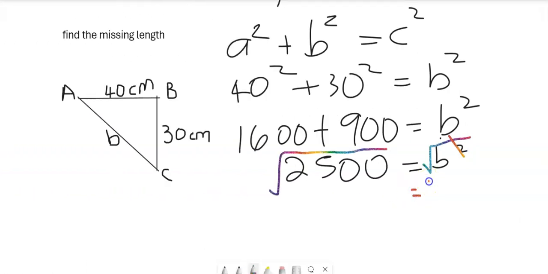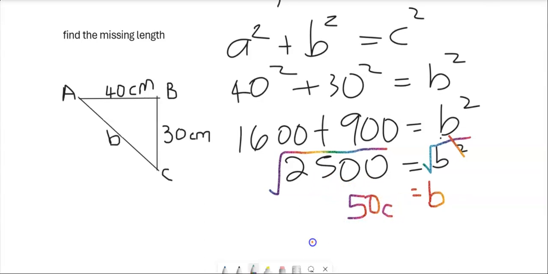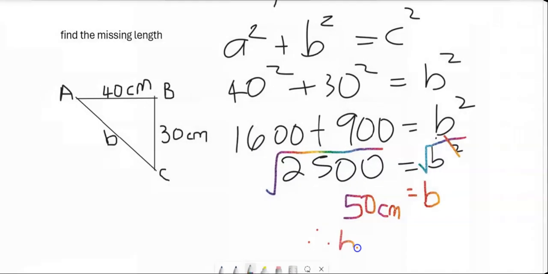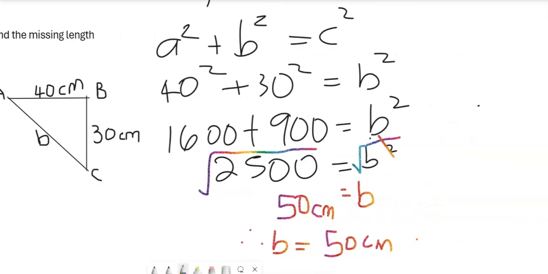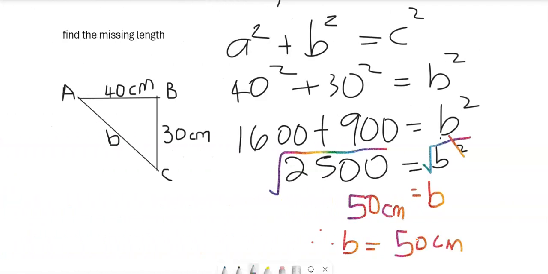So now we have b equal to the square root of 2500, which is 50 centimeters. Therefore, b is equal to 50 centimeters. Observe, for the first question we were given the hypotenuse and we subtracted. In the second question we are to find the hypotenuse and we only add and square root.